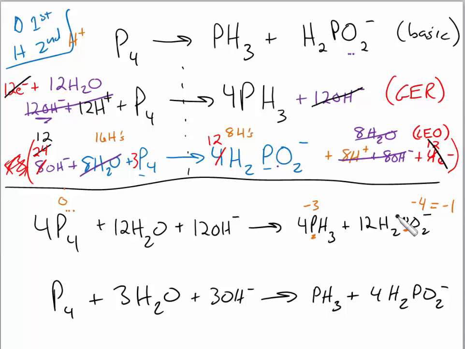Overall phosphorus is going to be some number, which is yet to be determined. And then hydrogen, each hydrogen is +1, there's 2 of those, so there's a +2. So the phosphorus has to be carrying a +1. So +1 +2 -4 would give us a -1. So this oxidation number is a +1, which is what we're wanting.